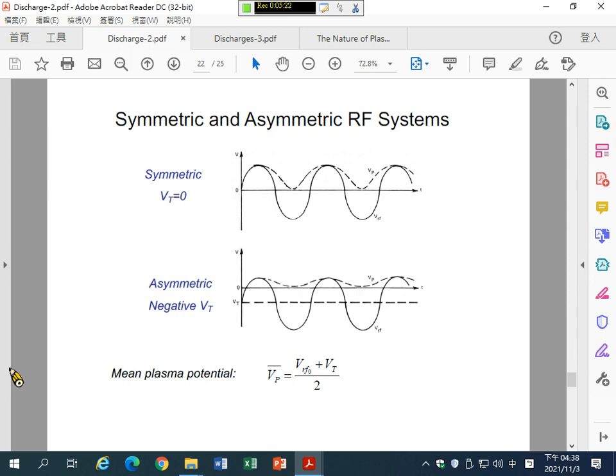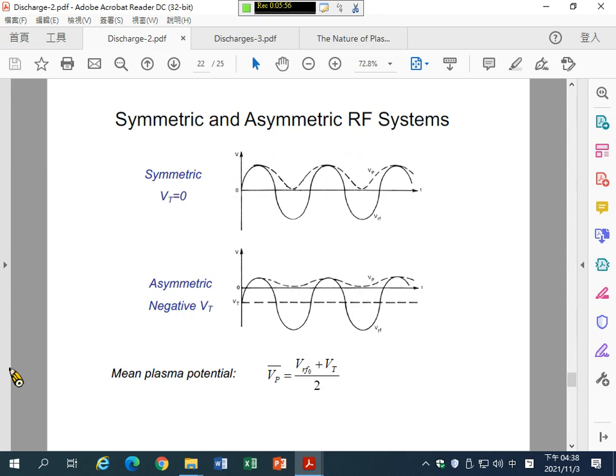Okay. In this case, also in this half cycle, we can see again the plasma potential is higher than the ground potential and higher than the RF hot potential. And on the ground electrode, the sheath voltage is very small here. But on the RF hot electrode, at this half cycle, the sheath voltage becomes very large because the sheath voltage is the difference between plasma potential and the potential on the electrode surface.